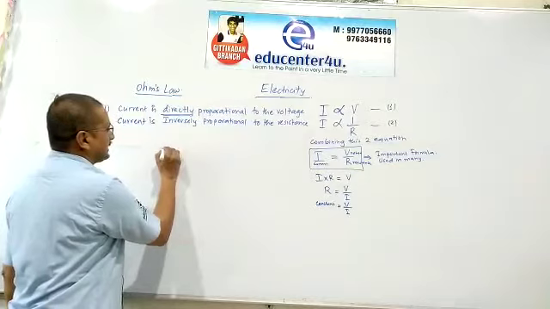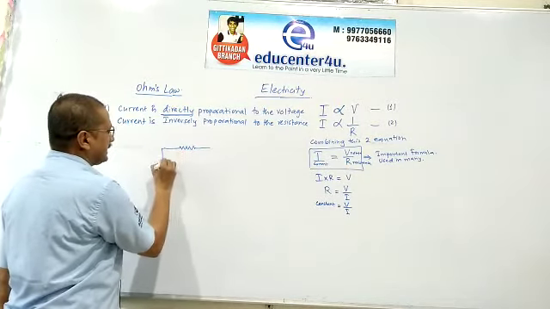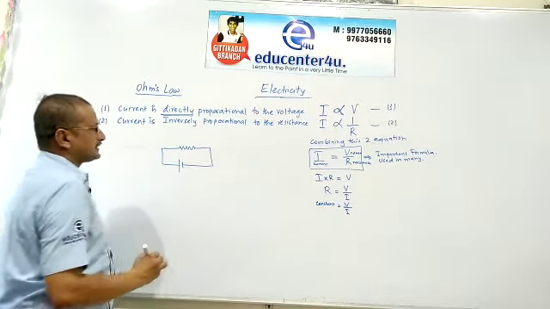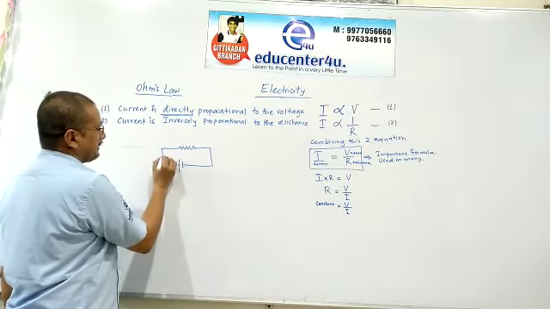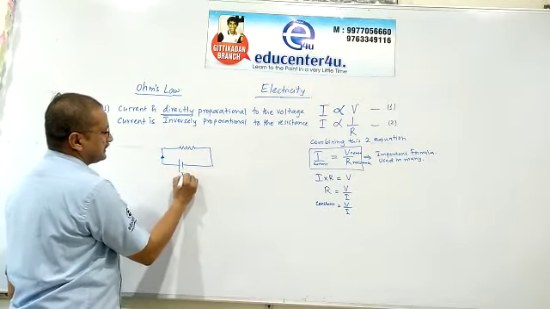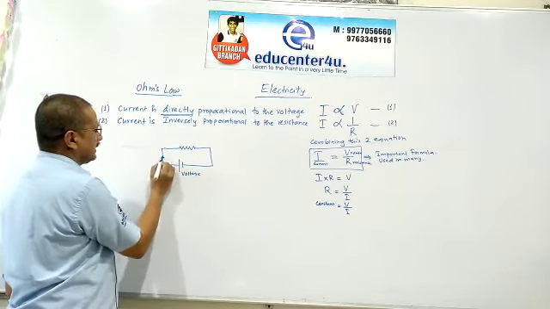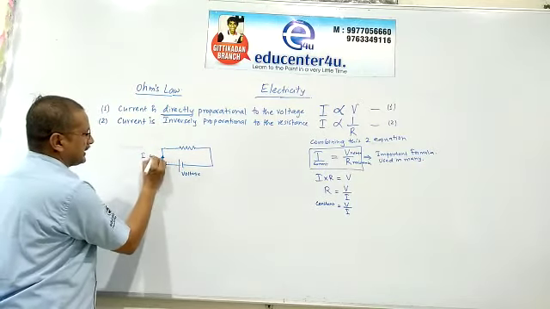Suppose there is a circuit, suppose this is the wire and this is the wire, and this is the current. Suppose this is the voltage you are giving, and the current is passing through this circuit.